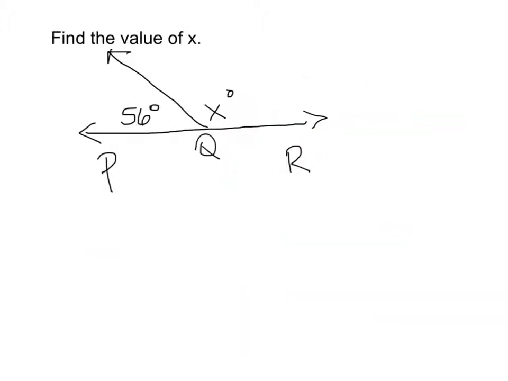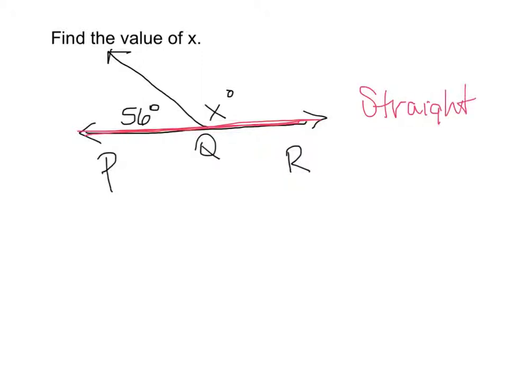Okay, let's take a look at another example. This time we're going to find the missing angle measure. Now I want you to think a minute. Do these two angles form complementary or supplementary angles? They form a straight angle.